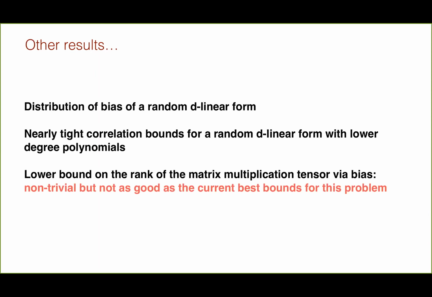This connection between bias and tensor rank also lets us prove a non-trivial lower bound on the rank of the matrix multiplication tensor. This bound is not as good as the best bounds for this problem, but it's non-trivial. And yeah, that's it.